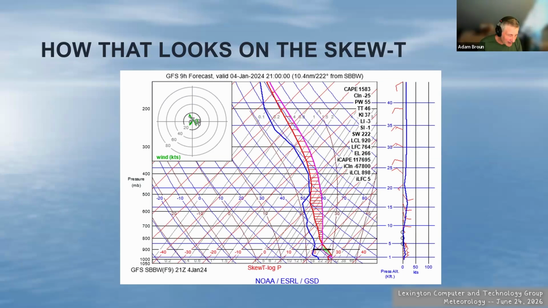If I were to take a parcel of air at the bottom of this red hatched area and lift it up, we can see that, this being moist air, it's going to follow the moist adiabat. It's going to follow this purple line all the way up. And so we can see that it is going to be warmer than the air around it, because its temperature is going to be warmer than the lapse rate as measured by the balloon, which means it's going to be super buoyant.